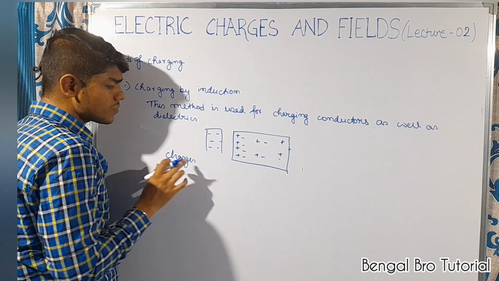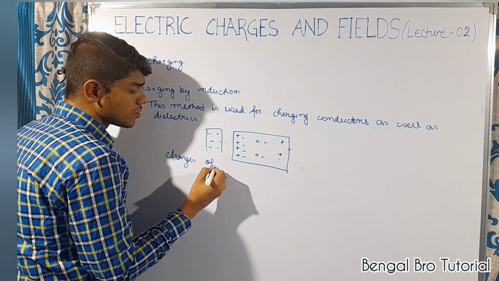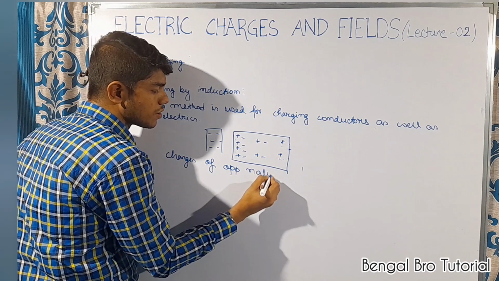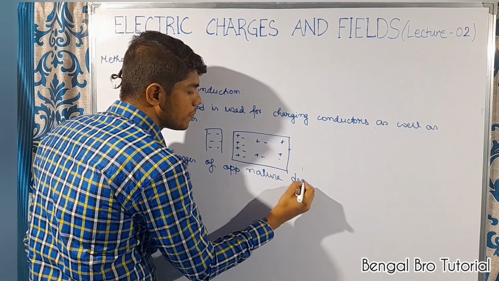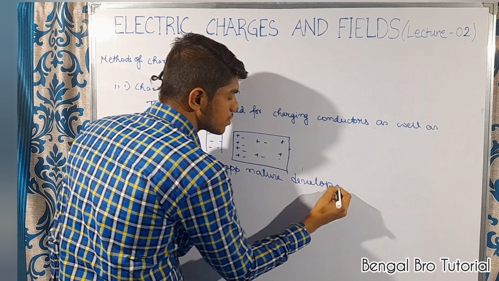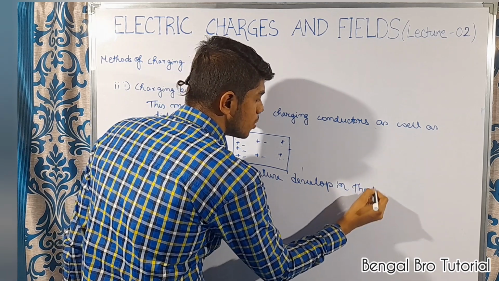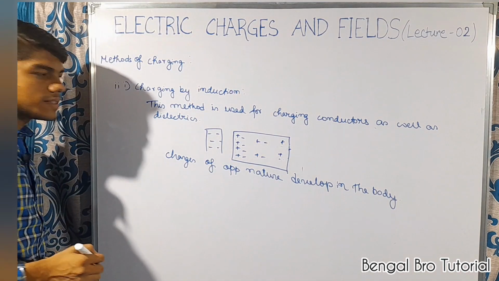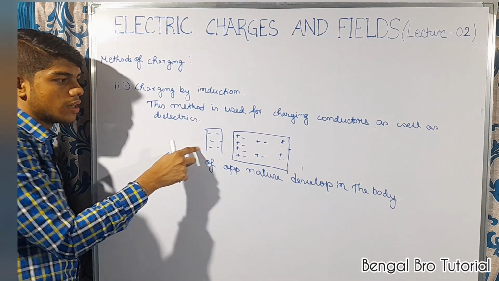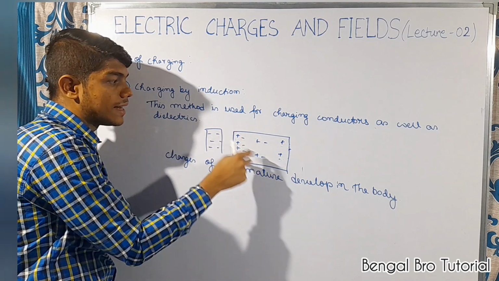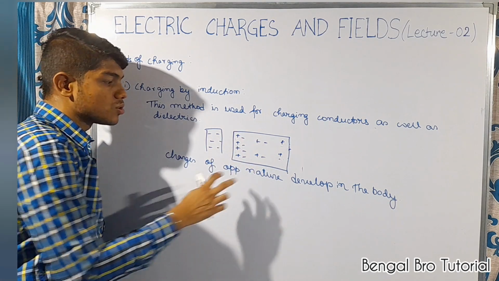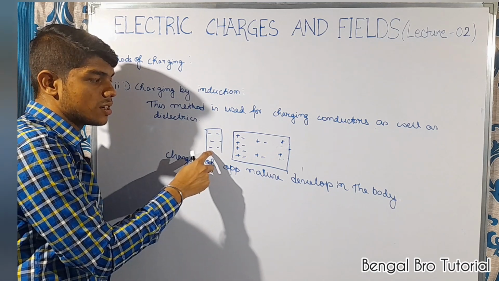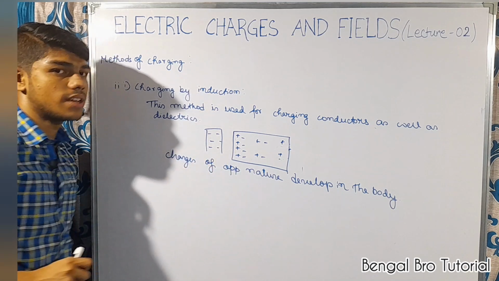Now, charges of opposite nature develop in the body. You can see the charged body that was used is negative, but the dielectric has become positively charged. So the charge developed is of opposite nature. One body is positively charged and the other body is negatively charged.